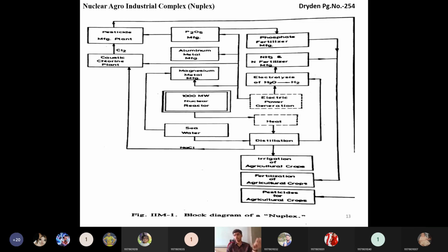Then revise and come. Nuplex, as I said, the nuclear agro-industrial complex, means all the industries will be located at one place, like our special economic zones. There are SEZs in Hyderabad, Visakhapatnam, and all the major cities.